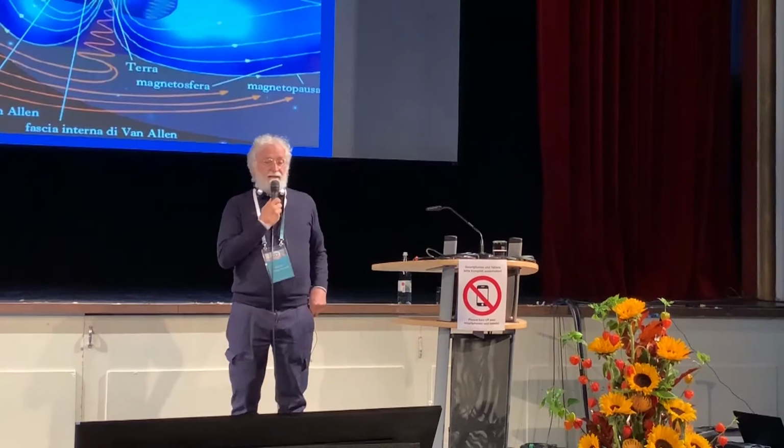All our nervous system is protected by myelinic cells, which make a screen, a shield for the natural electric field to protect the nervous signals that go on through our body.